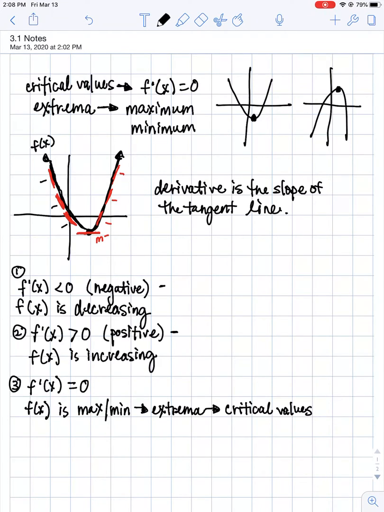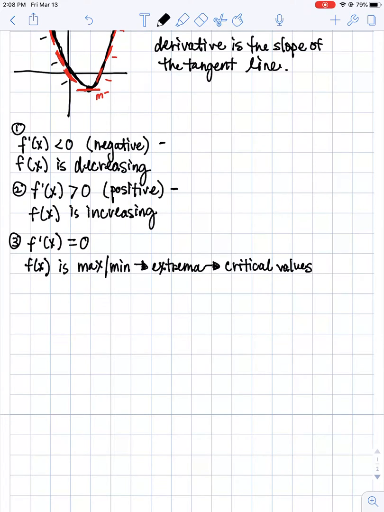Now I need to try to make this make sense to you. I know, again, this is hard, but we're going to make it work. If I draw some fancy cubic, if you look at the graph using common sense, we have a maximum and we have a minimum. You can clearly see that. So let's talk about the tangent lines again. The tangent line is positive, positive, positive, and then the tangent line turns into negative, negative, negative.